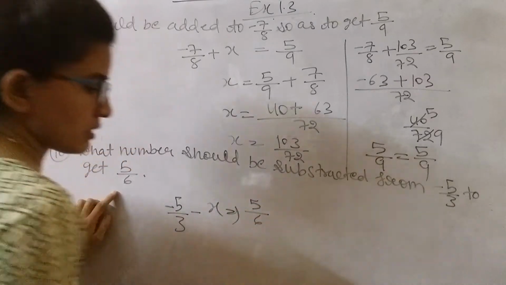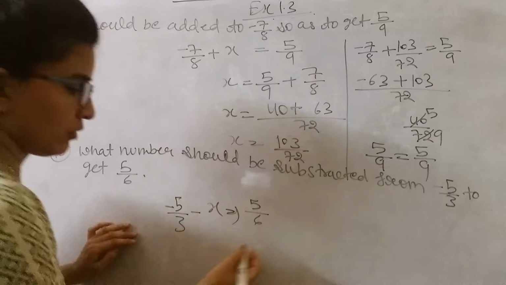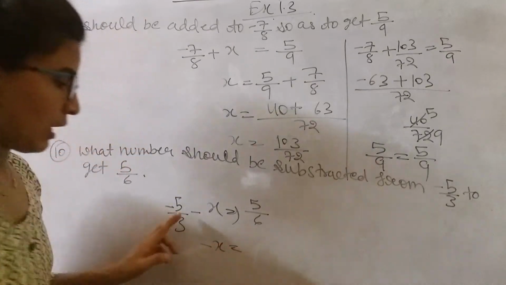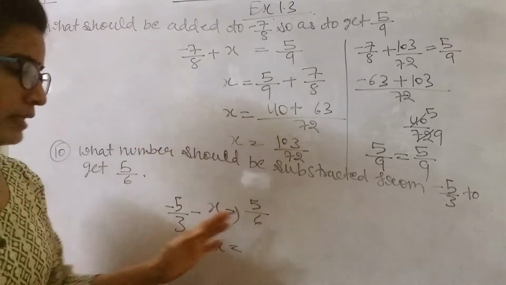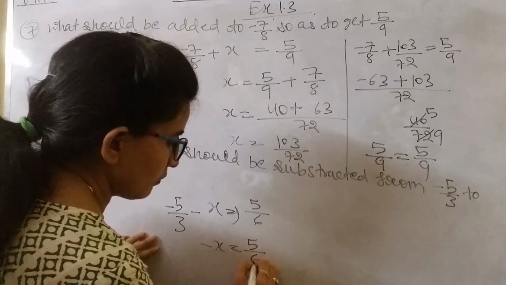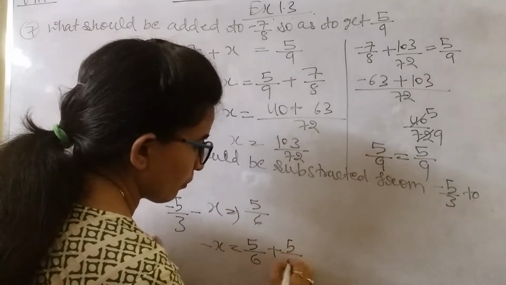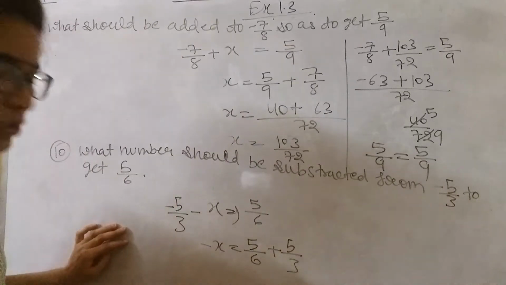Now again we will carry this 5 upon 3 to the right hand side, that will become positive. So we will have 5 upon 3. Now solve this.